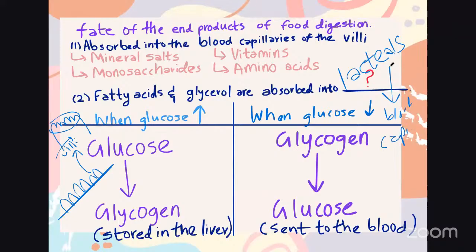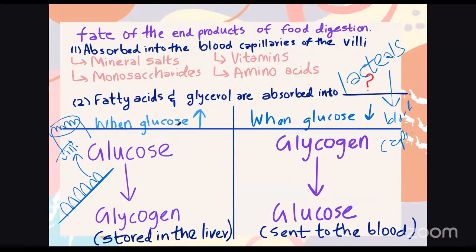Now, here they have given a little bit about glucose. When you have high glucose content in your blood, it's converted to glycogen. What is the enzyme in charge of converting glucose to glycogen?